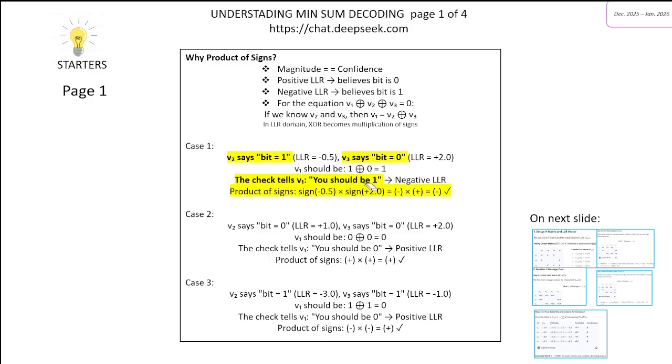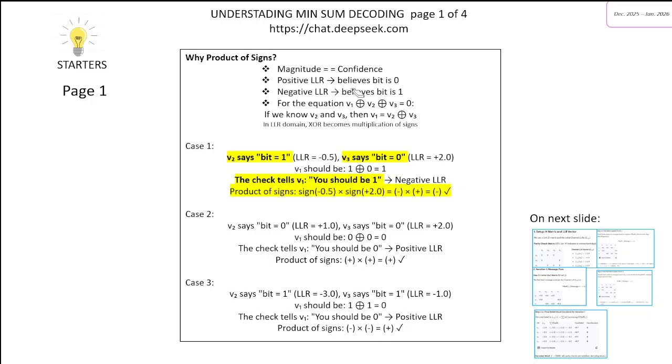If we multiply the signs of these two LLRs, it indicates a minus, which indicates that it has to be a 1. Similarly, in other cases it will also indicate the correct bit. So plus times plus is plus, and minus times minus is plus, which is a correct indicator of the bit, the message passed on by two different bits to the third bit.